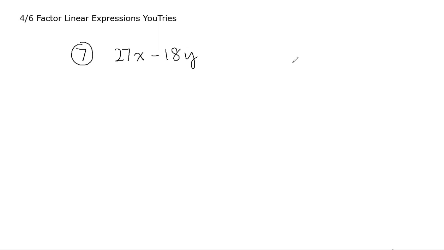27 and 18, both multiples of 3. Yes, that is true. They are also multiples of 9. Okay. So 9 is our greatest common factor. Let's circle that. GCF is 9.